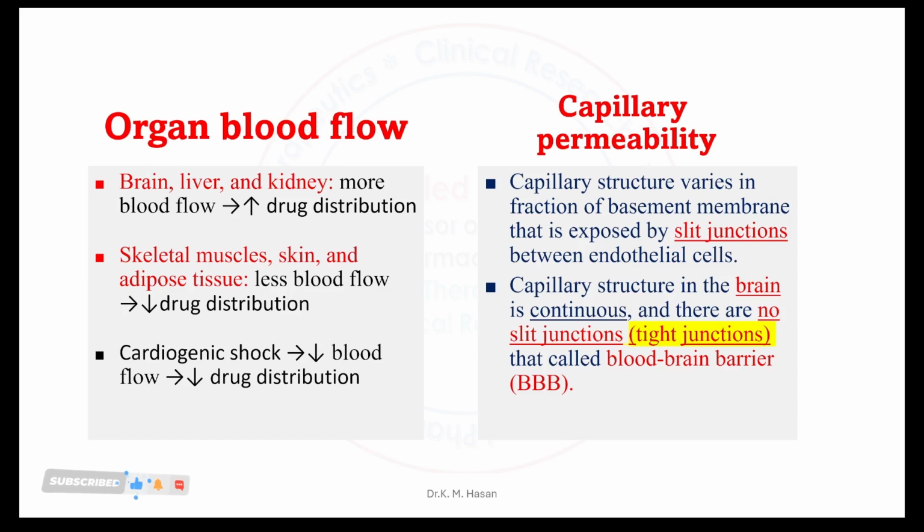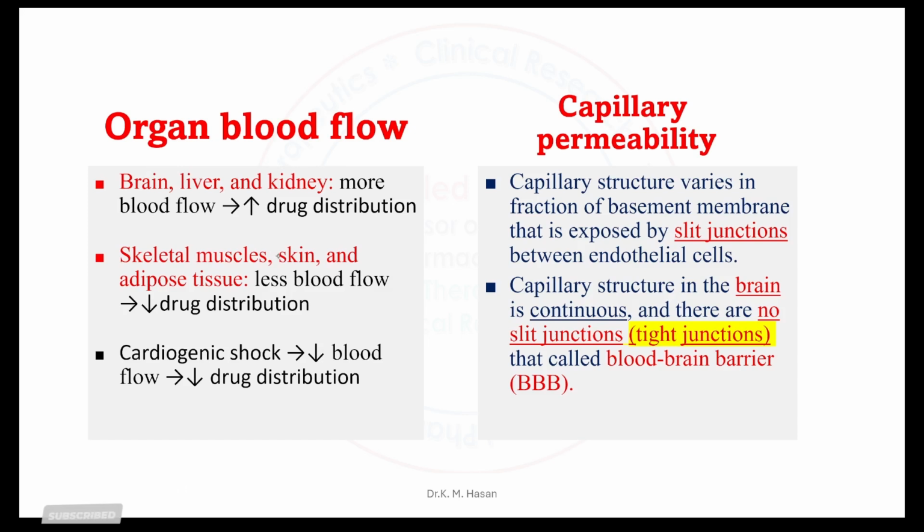We have organs such as the brain, liver, and the kidneys. These organs are considered rich in blood flow. In this case, the medication will be distributed more highly to these organs. So we can say here, organs with a high blood flow, such as brain, kidney, and liver, have more drug distribution. So more drug will be moved to the organs rich in blood flow, such as brain, liver, and kidney.